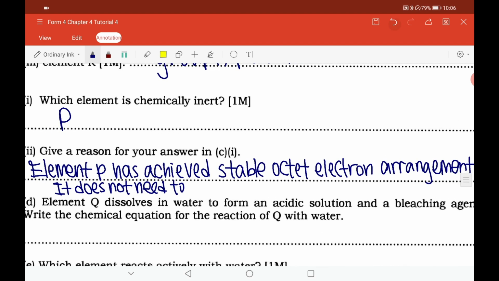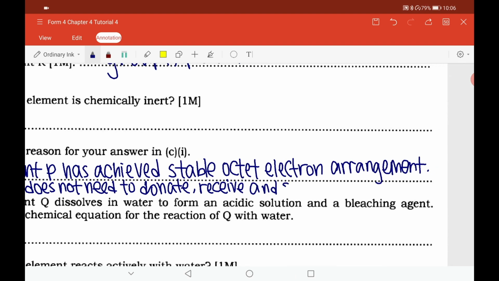When you are stable, you don't need to donate, you don't need to receive, and one more thing, you don't need to share electrons. You don't need to donate the electron, receive electron, or share the electron with other elements or other substances. Okay, so this is the answer.